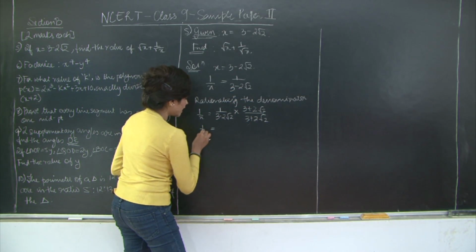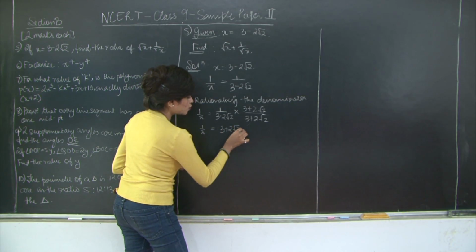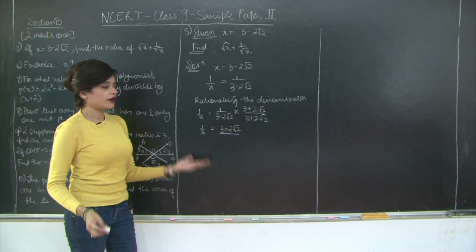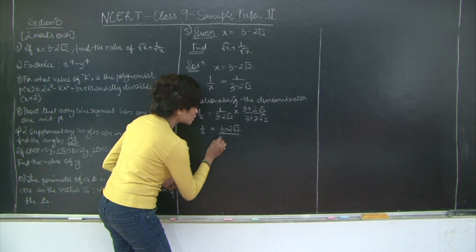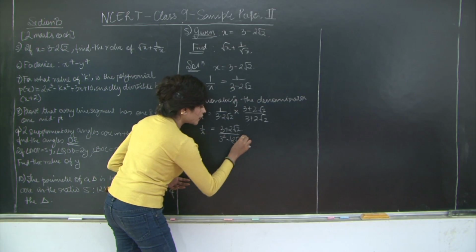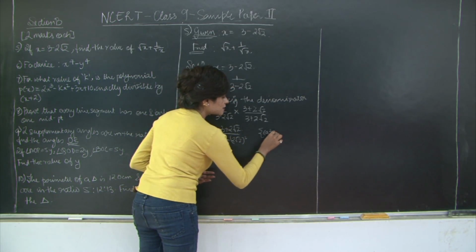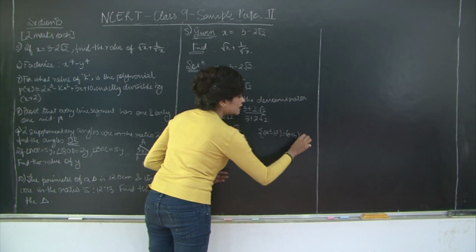I get 1 upon x is equal to 3 plus 2 root 2 upon a minus b into a plus b. Now a minus b into a plus b is nothing but a square minus b square. So this becomes 3 square minus 2 root 2 the whole square.